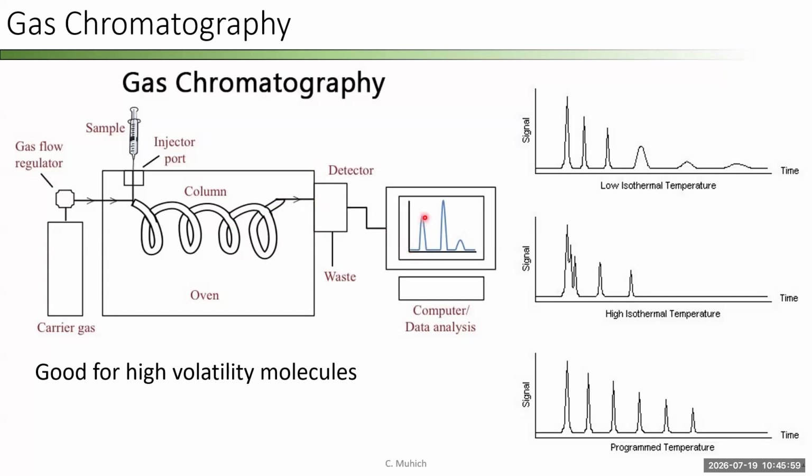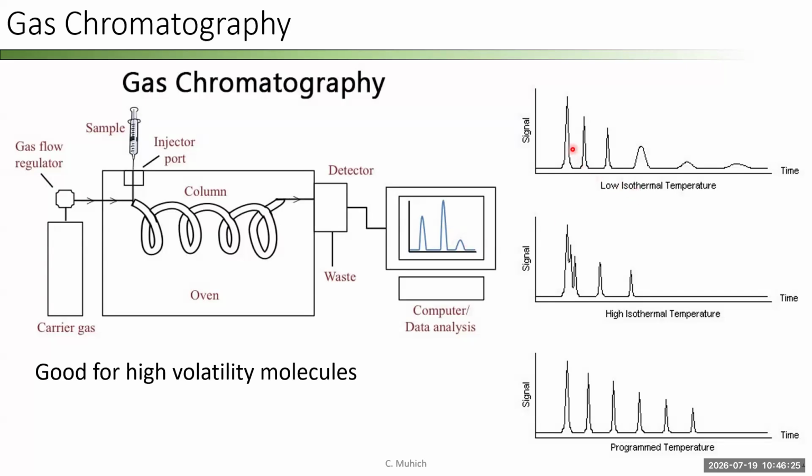That is recorded as a peak on this plot, which is shown as a function of time. So first, maybe that red material comes through. It has a little peak. More time goes by, the blue compound comes through, it has a peak. Maybe there's a third compound that comes through at the end.